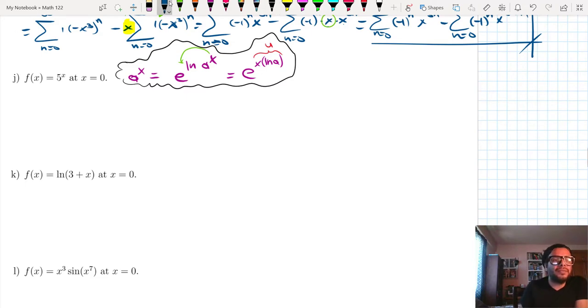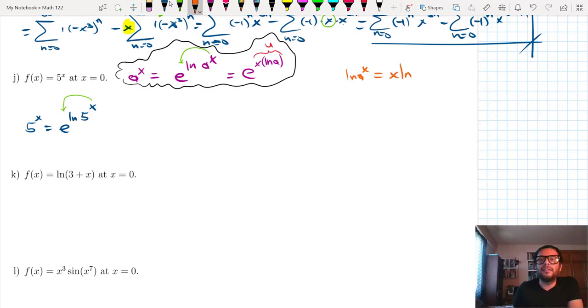Okay, so let me write down this 5 to the x in terms of an exponential of base e. So I'm going to do e to the ln, which is the inverse of 5 to the x power, and then we use what I call the Smackdown rule. What do I call the Smackdown rule or the basketball rule? Well, keep in mind that property of the logarithms in which you have ln of a to the x equals x ln of a.